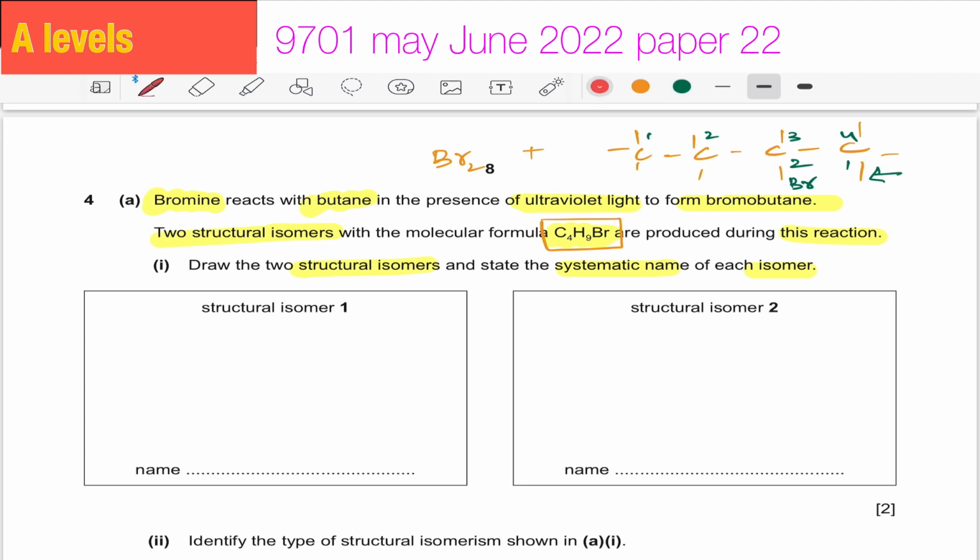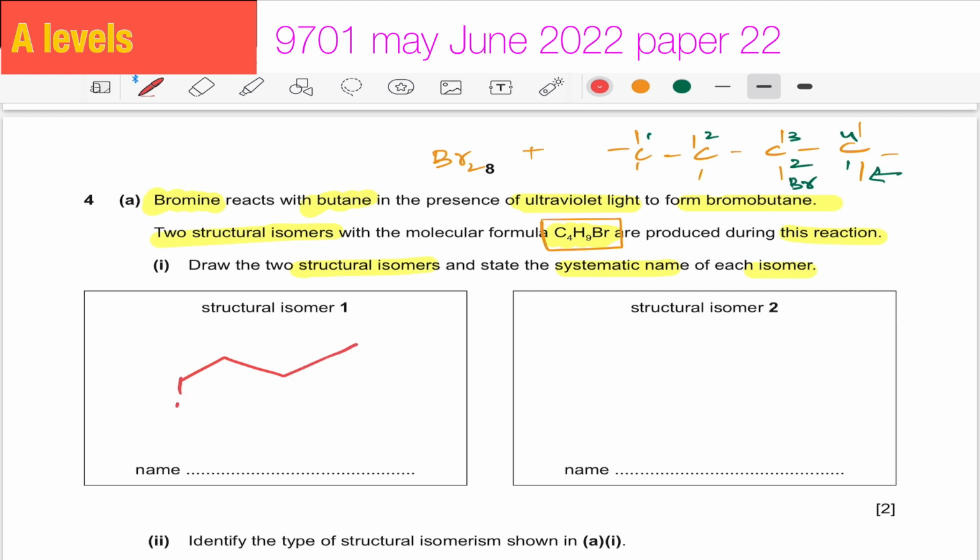So let's draw the structures of these 2 compounds. Now they haven't mentioned whether we have to draw a structural formula, a displayed formula, or a skeletal formula. So we can just simply draw any kind of formula. I'm drawing skeletal formulas here. So 1, 2, 3, 4.